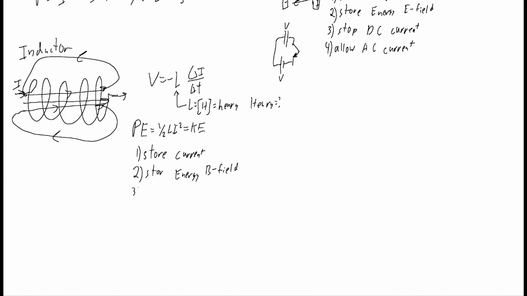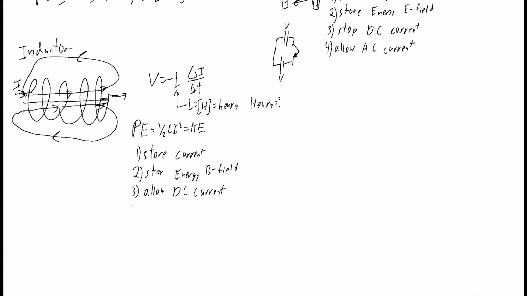Things you can also do with it, you can allow DC current. In particular, because it's storing current in here, if you were to try to cut the power off from it, it will try to keep the current going.